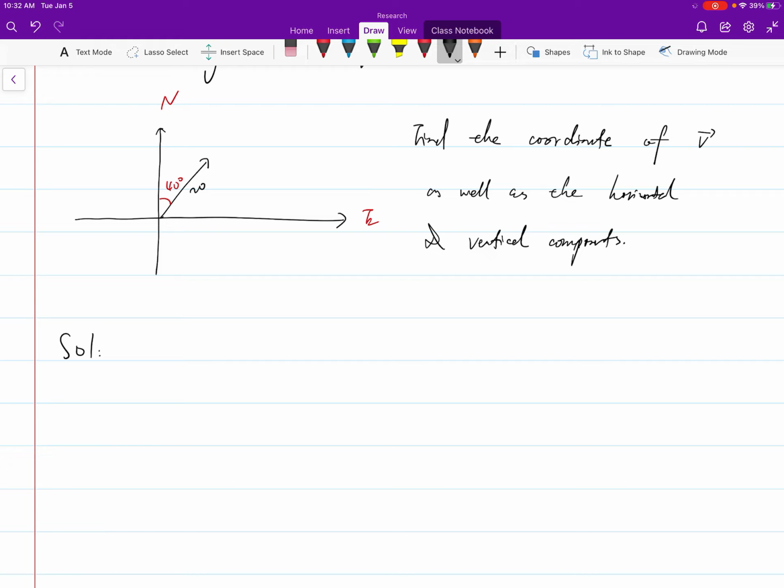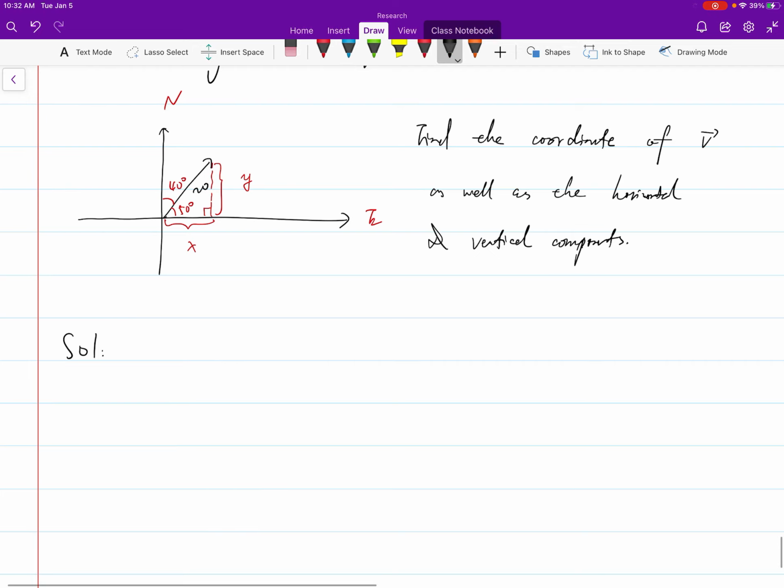Okay. Now let's try to think about it. How to do it? You just want the horizontal, and you just want the vertical component. Do you see they're nothing but solving the right triangles, provided that this is 50 and the hypotenuse is 20.